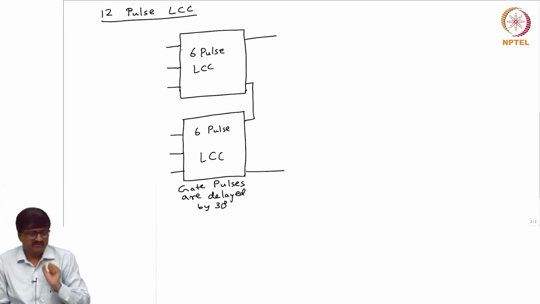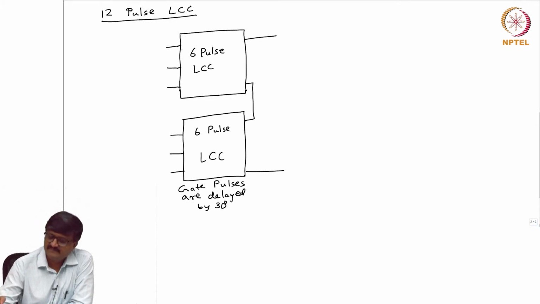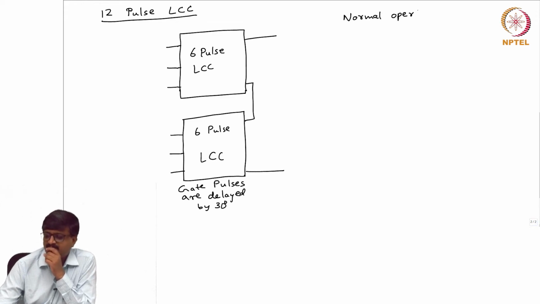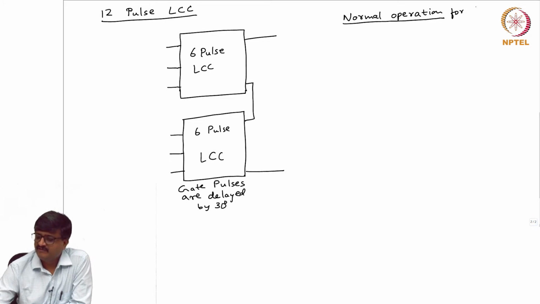Now, the question is, if I have normal operation, normal operation means both the 6 pulse LCCs are having 2 and 3 valve conduction mode.